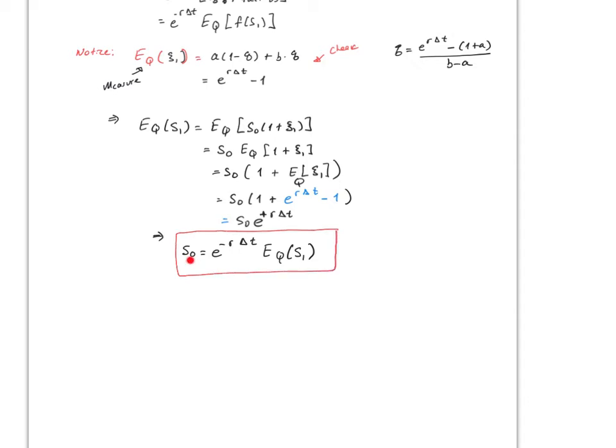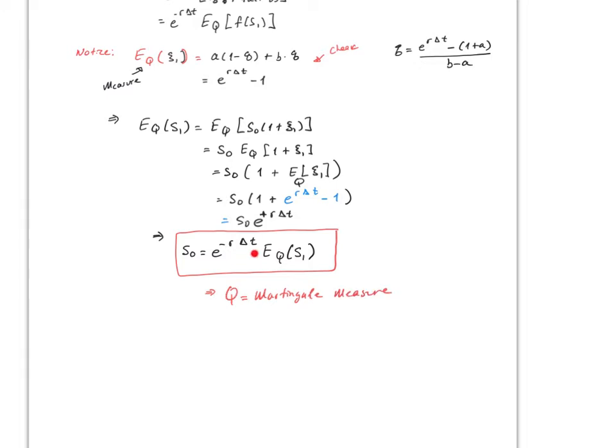But notice how this is technically the definition of martingale. This is telling you that the price right now is the discounted expected price in the future, and therefore Q is going to be called a martingale measure.